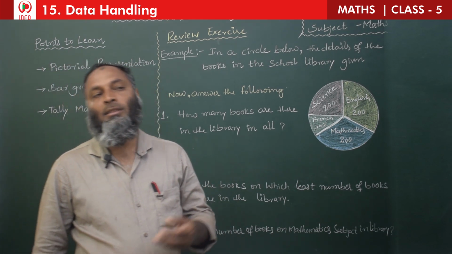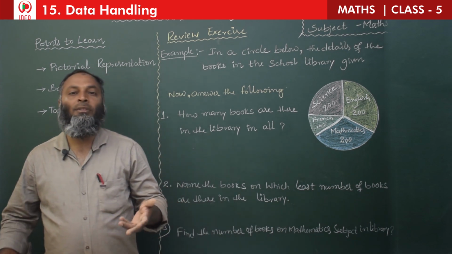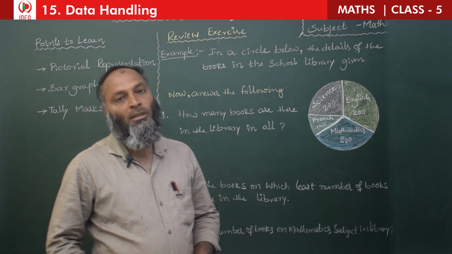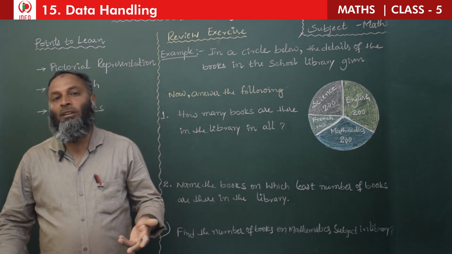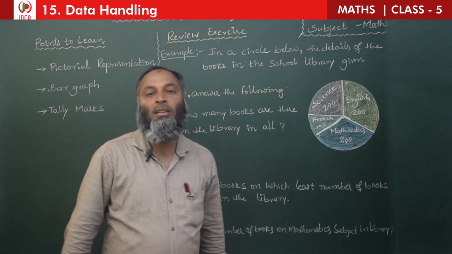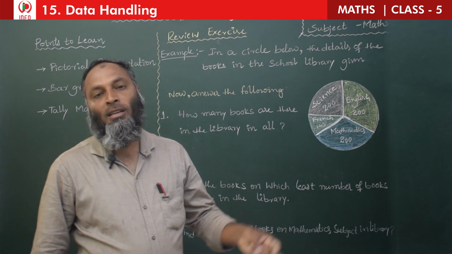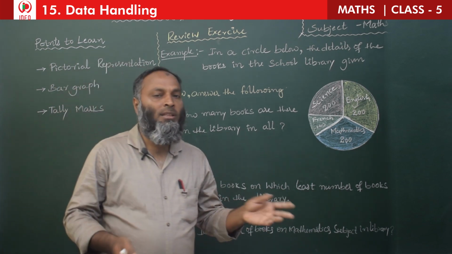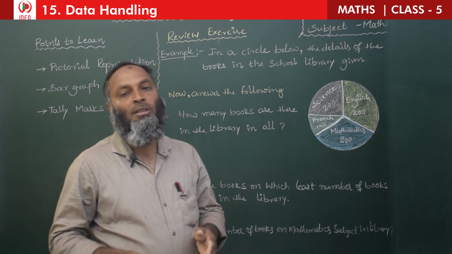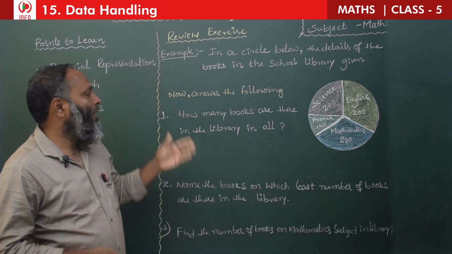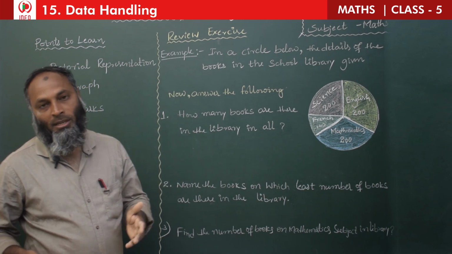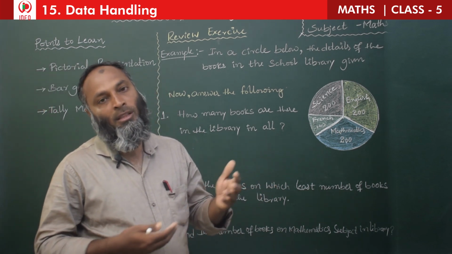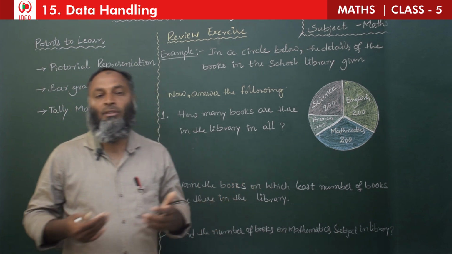Data is a collection of information. What information? Either it is school information, or society information, or stationery business information, whatever. If you represent this information using a pictograph, pie chart and bar graph, we discuss how to represent the data, the collection of information.